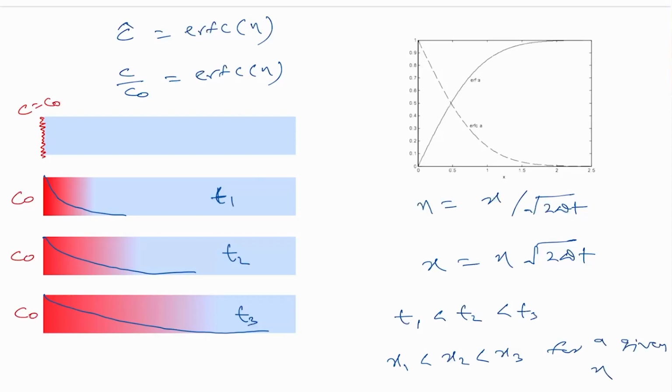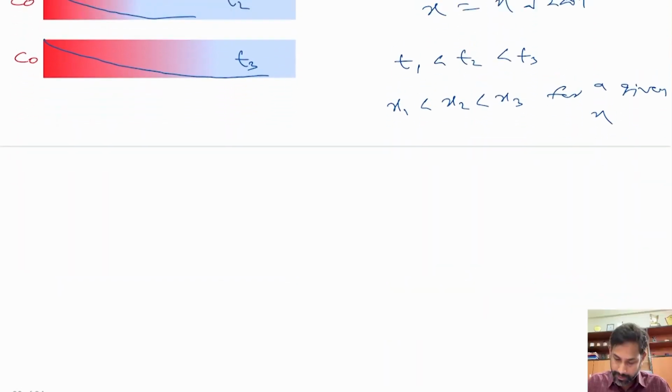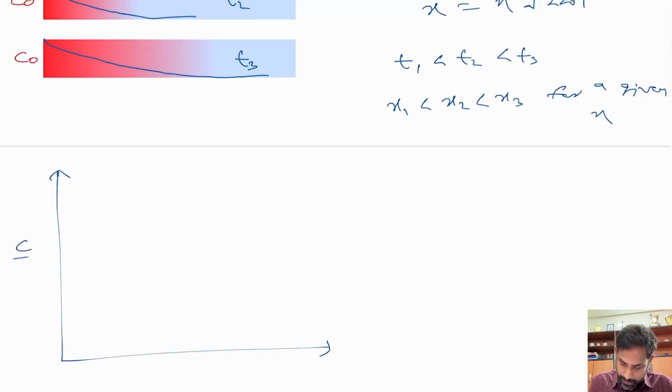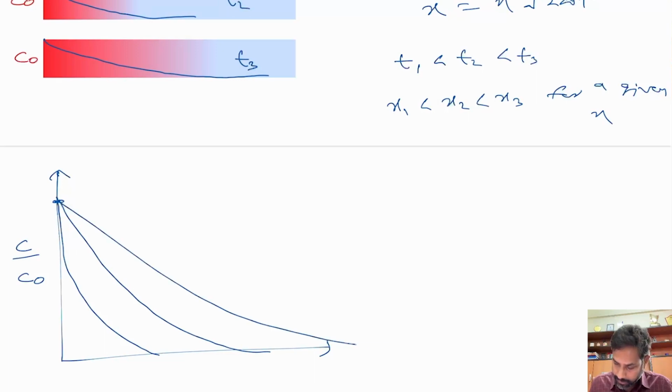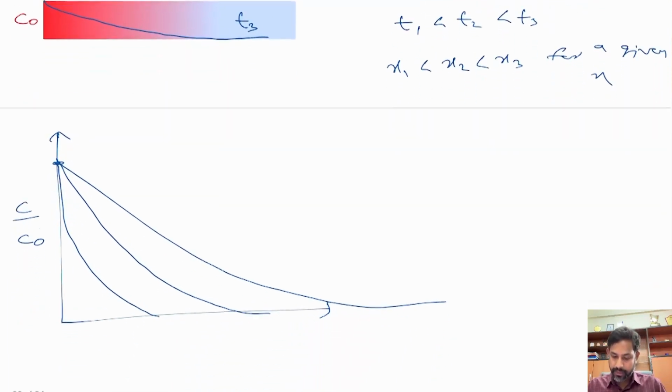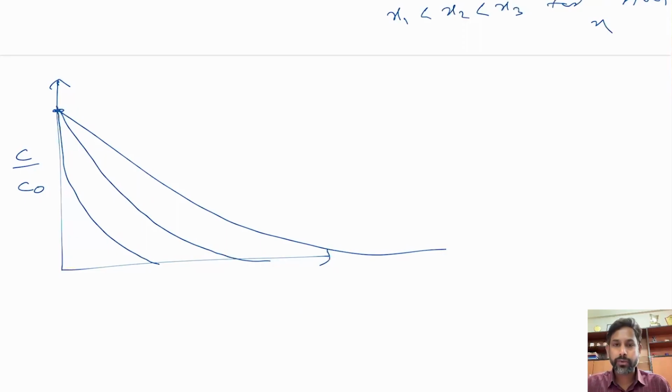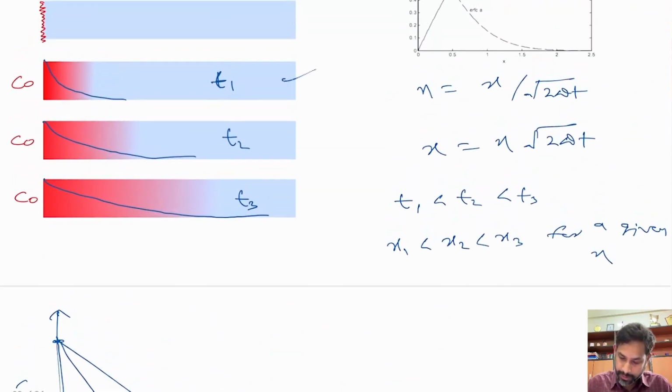And that is why the concentration profile in this case, if this is C by C0 and you try to plot it, will look something like this. With different times your concentration profile will look different. So this is T1, this is T2, this is T3.